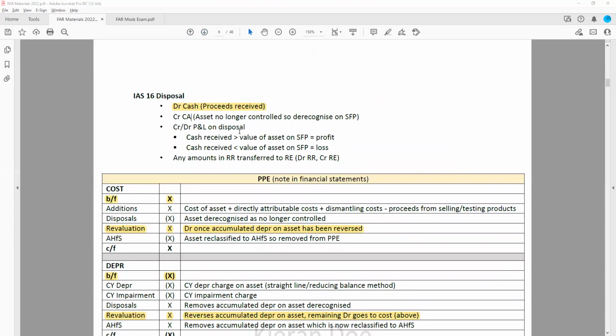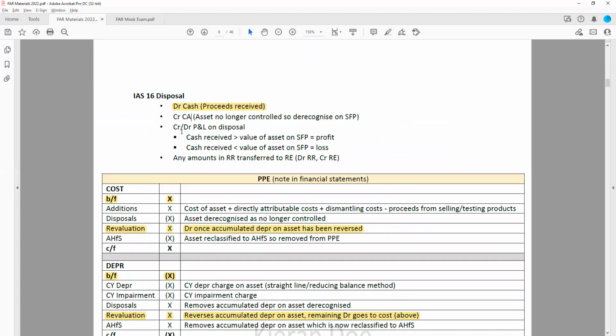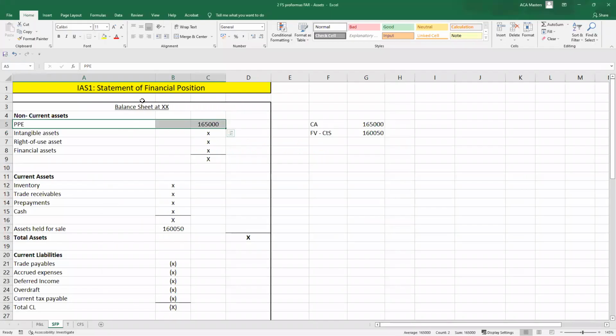So you'd credit that asset to take it off the SFP. And then the difference between what you sell it for and what you had it for on your SFP, so that's effectively what you're saying the asset's worth on your statement of financial position. If you sell it for more than that, clearly you've made a profit. If you sell it for less than that, you've made a loss.